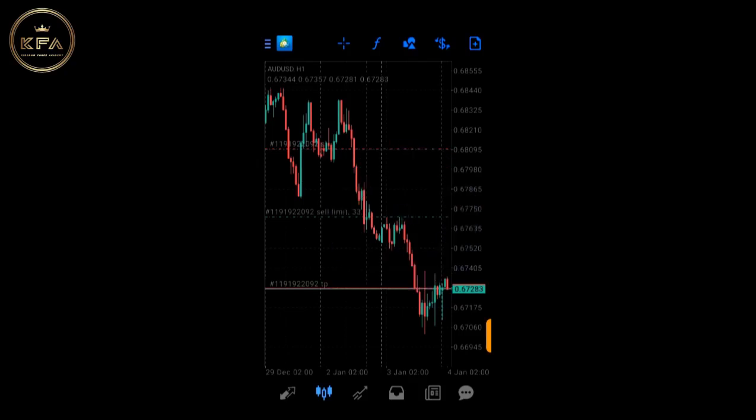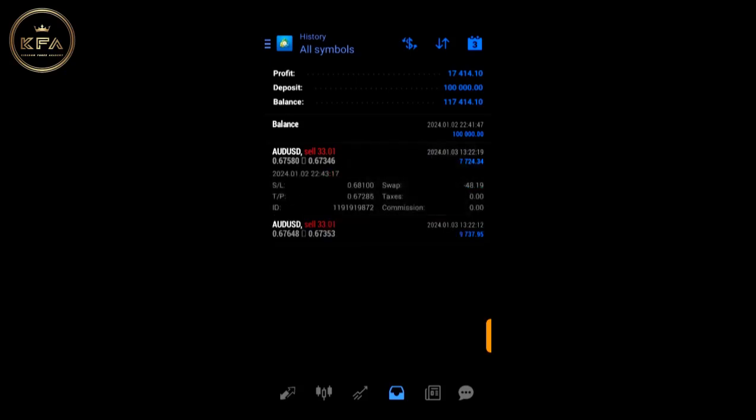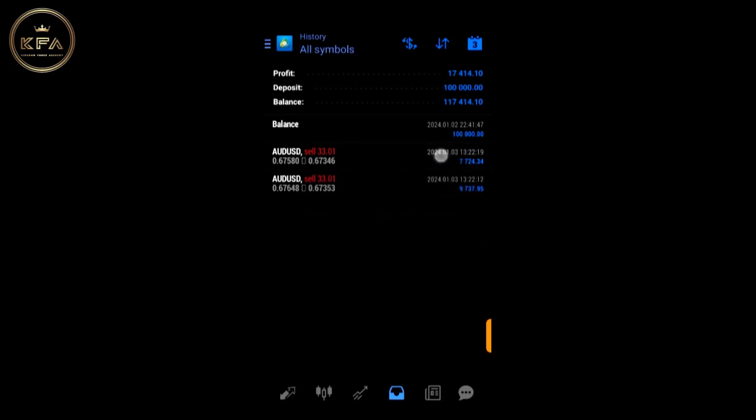Assuming it had activated, I would have made well over $17,000 on this trade. If I add another 9,000 to this money, that's about $26,000 in one day, guys, because I closed this trade in exactly one day. I closed it on Wednesday.